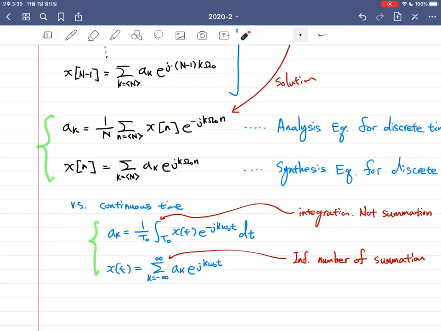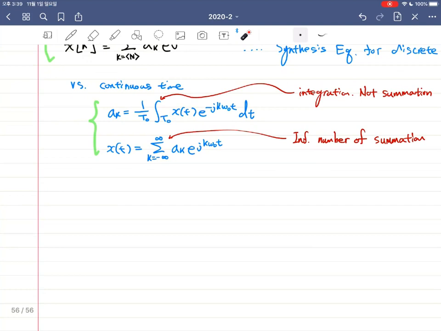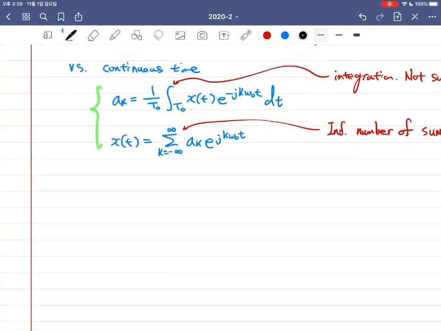So x[n] is periodic with respect to n, because we are only dealing with this periodic signal.